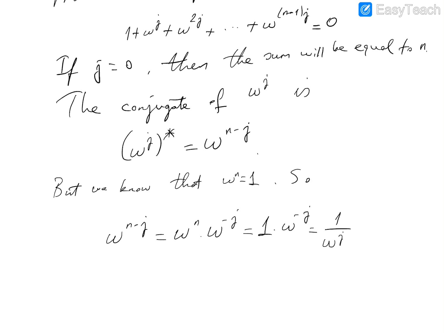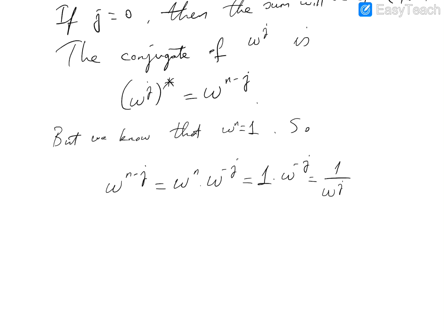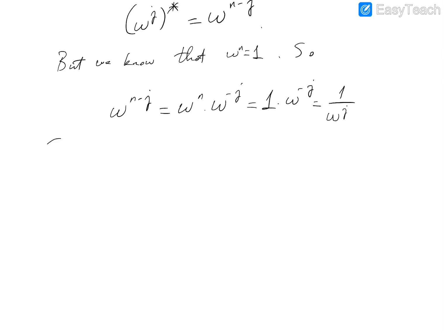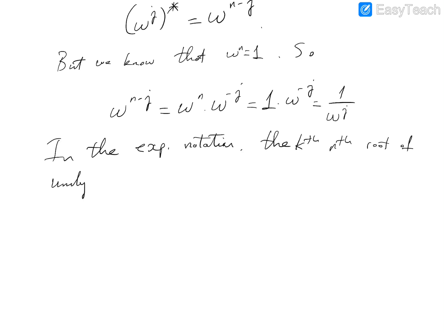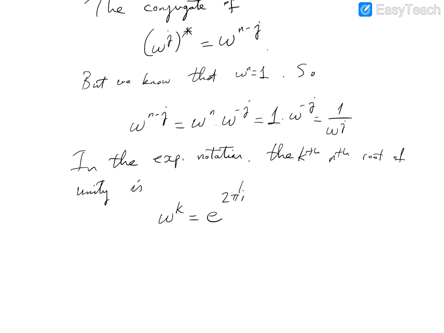In the exponential notation, we know that the kth nth root of unity is omega to the k, and that's equal to e to the power 2 pi i k over n.